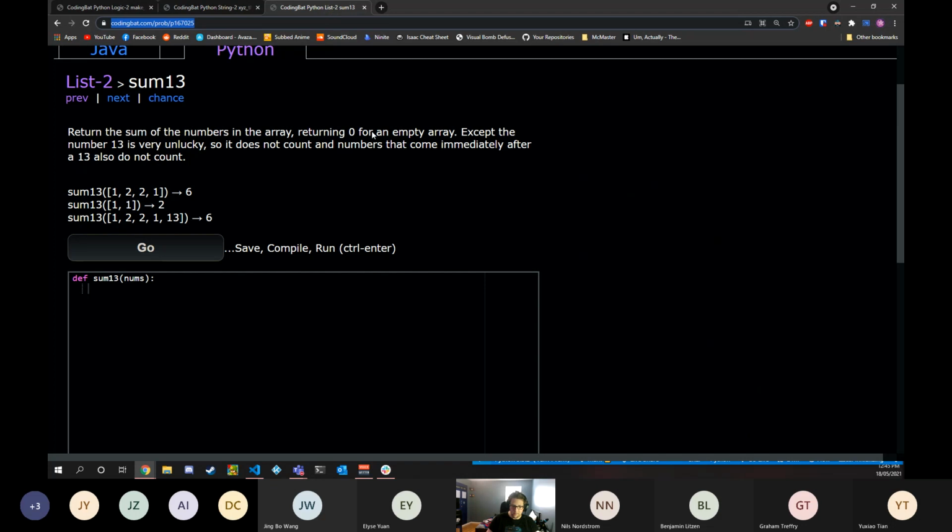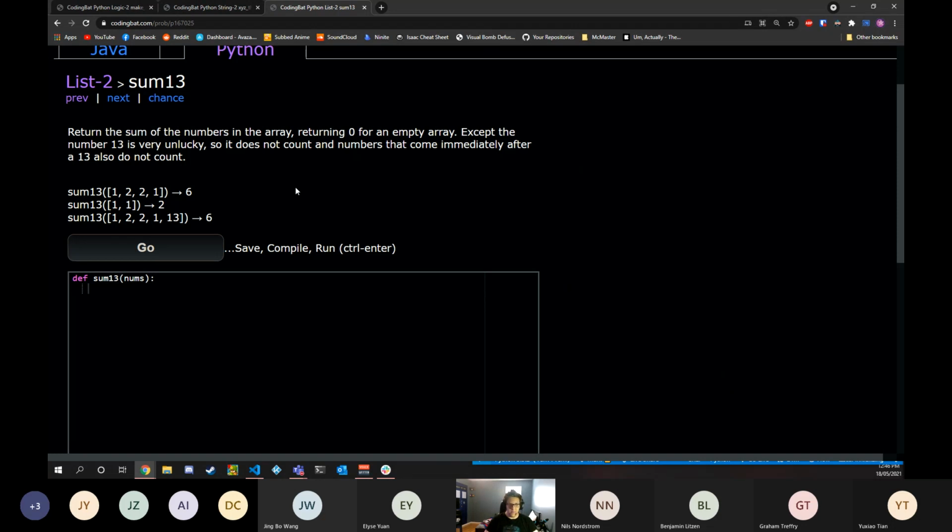All right. Moving onwards to sum 13. Ooh, I don't remember this question at all. So let's find out. Return the sum of numbers in an array, returning 0 if it's an empty array. The number 13 is very unlucky though. So it and any number that comes immediately after does not count.